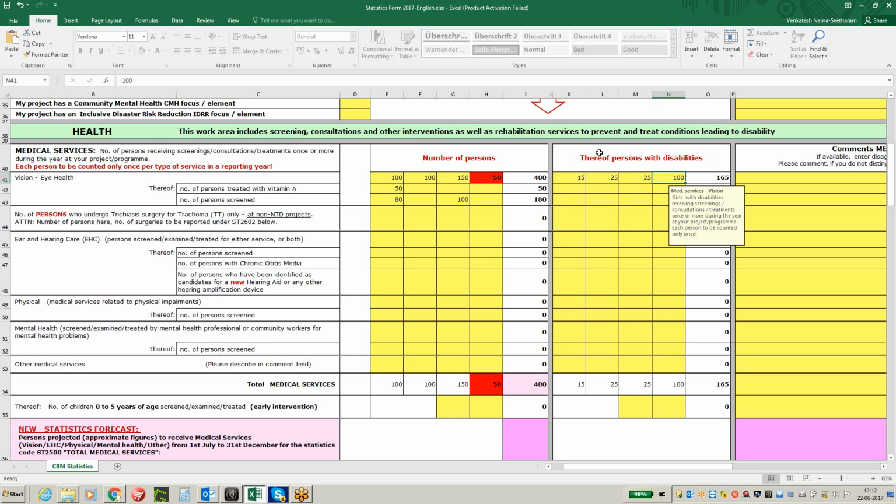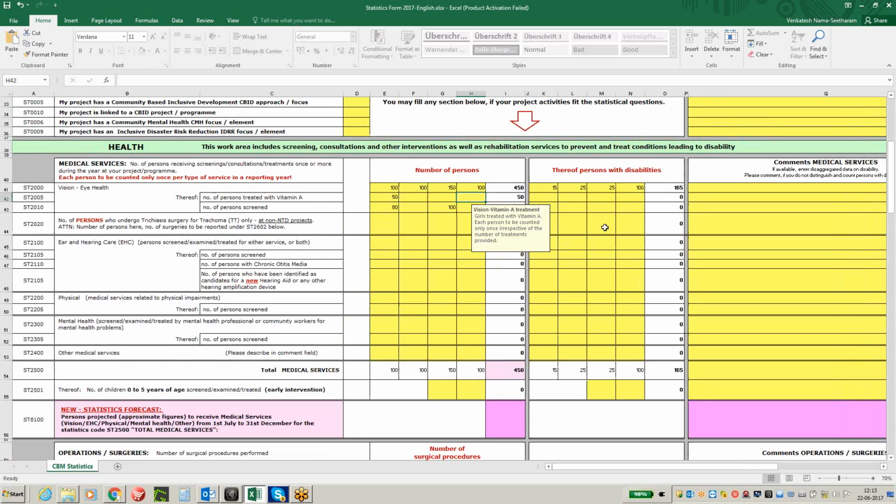This is the thereof number of disabilities. So this should be at least 100. So this is the logic. This 450 includes 165. We just wanted to know how many persons were reached in vision services, and out of them, how many are persons with disabilities. This is the logic.